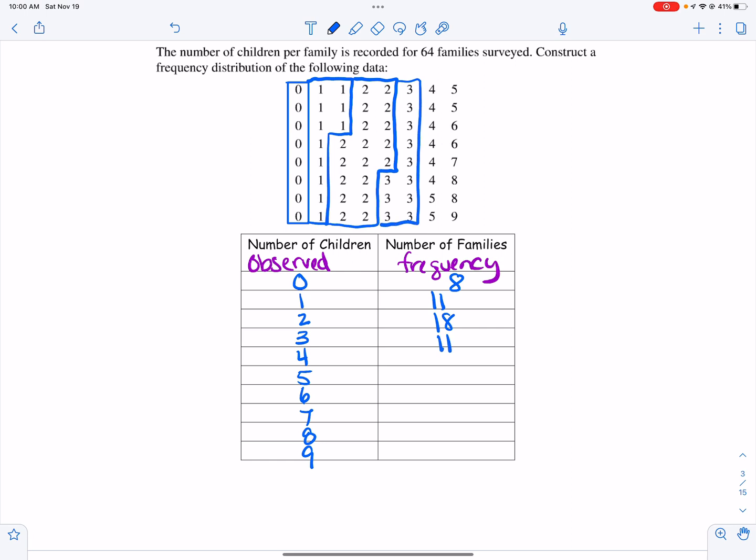We also have 11. And we have 6 4s. We have 4 5s. And we have 2 families with 6, 1 family with 7, 2 families with 8, and 1 family of 9.